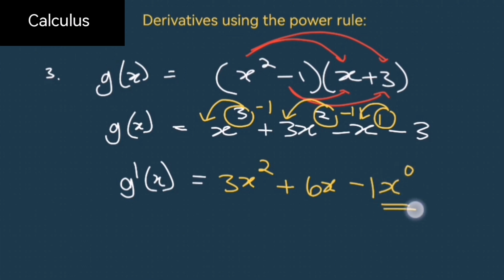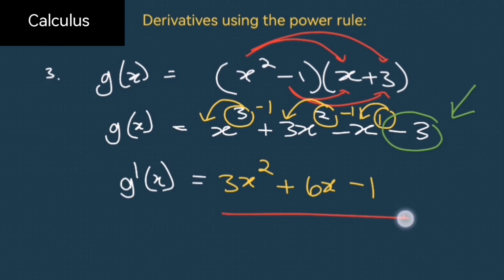Now whenever you have something to the power of 0, we know that that is just equal to 1, so we don't have to write that at all. And the derivative of a constant, which in this case is negative 3, the derivative of any constant is always 0. So you don't have to write anything here. And this is the derivative of the function.